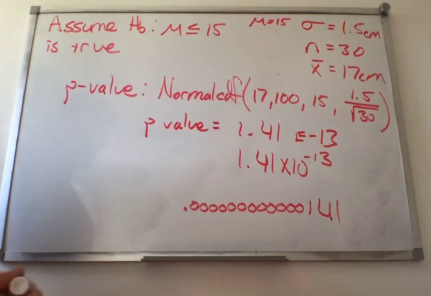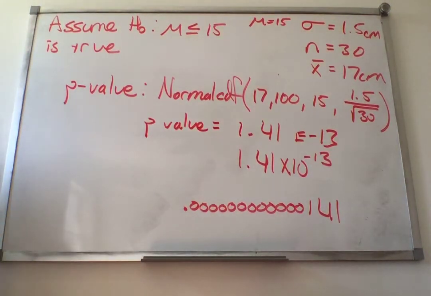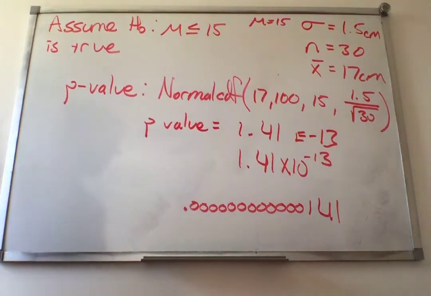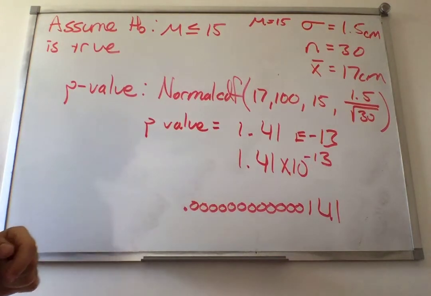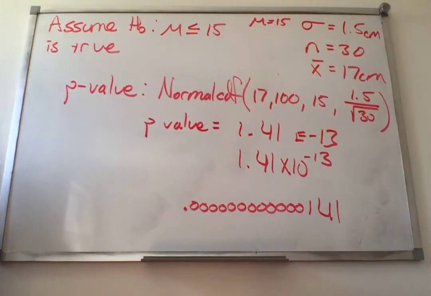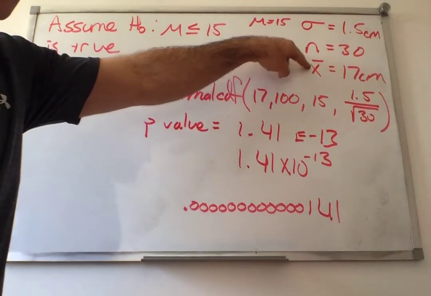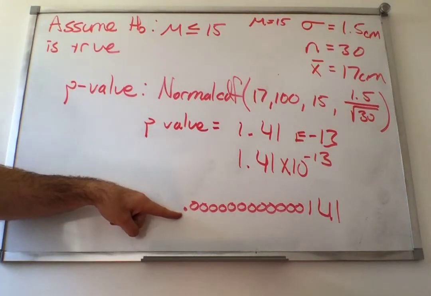So, this right here, this is our p-value. It's really tiny, okay? Now, let's talk about what this p-value means for a second. If the true population average height of these breads is 15, and if we were to collect a sample of 30, the probability that that sample has a sample mean of 17 is this really tiny number right here, okay?